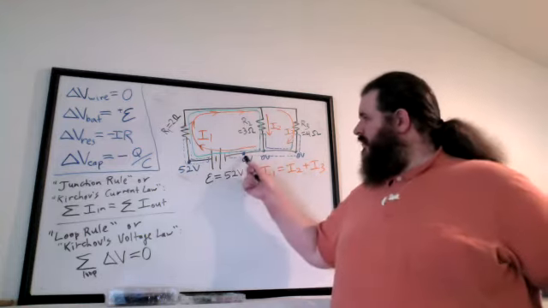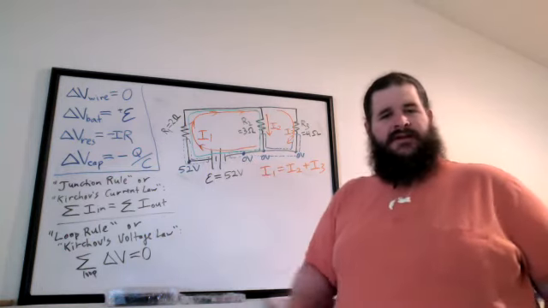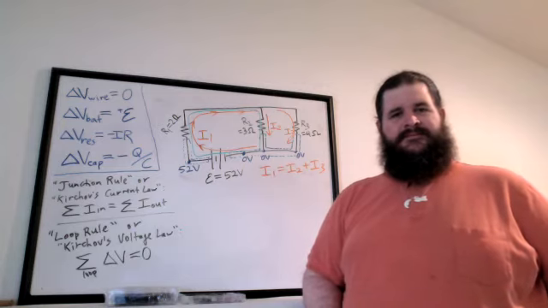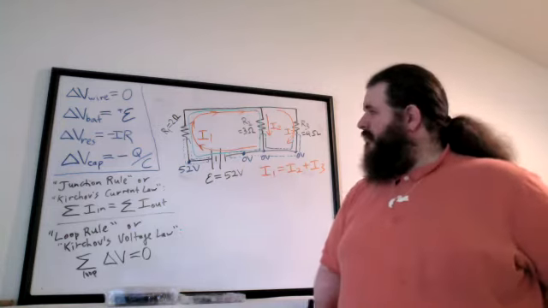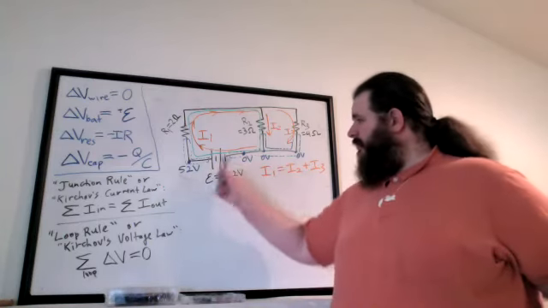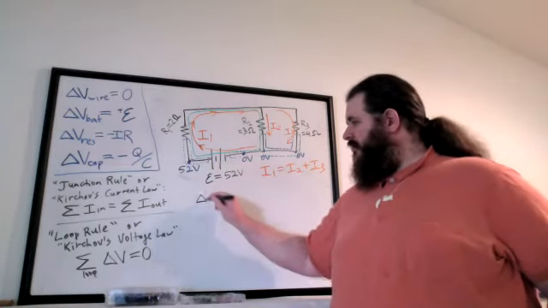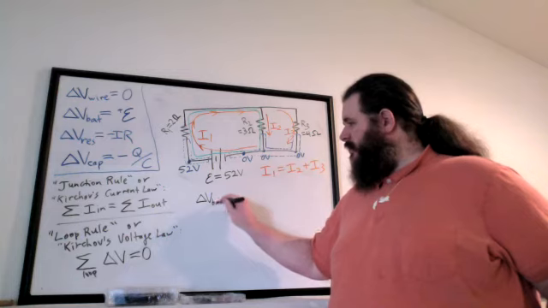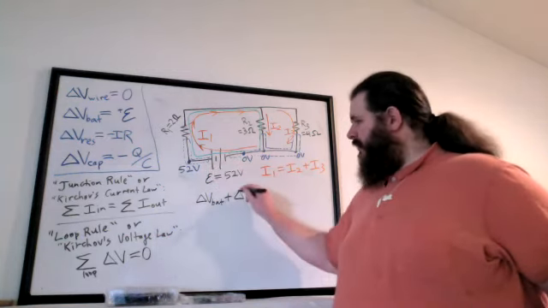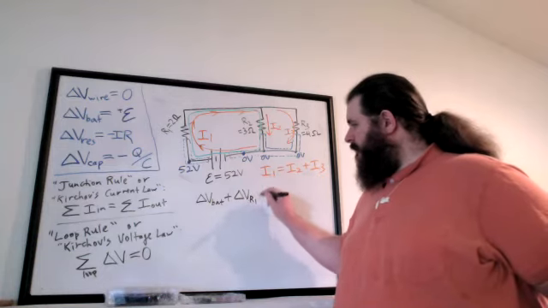Like if you just stand here and start walking, what's the first thing you encounter? The first resistor? Even before the resistor, what do you encounter? The battery? Yeah, you go through the battery. So there's a delta V associated with the battery. You then go through the first resistor. There's a delta V associated with that first resistor.